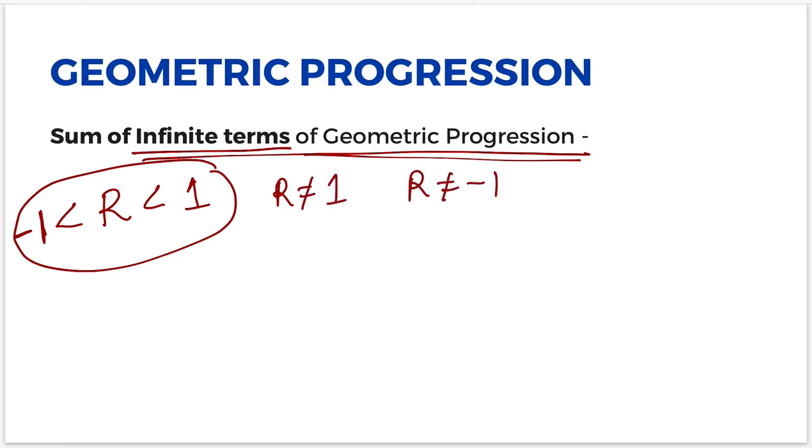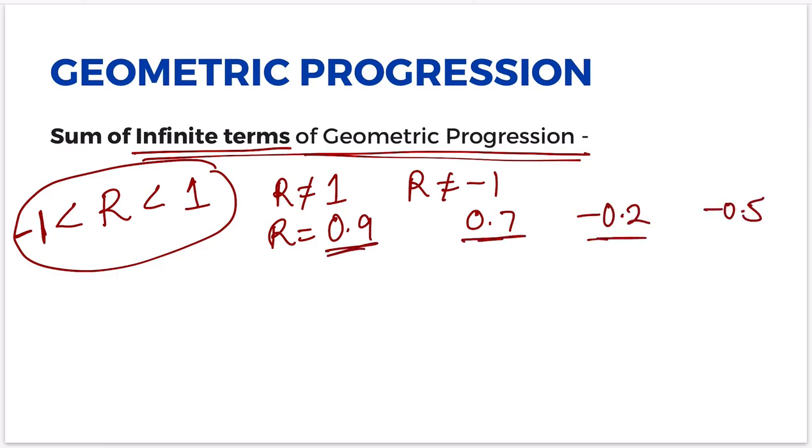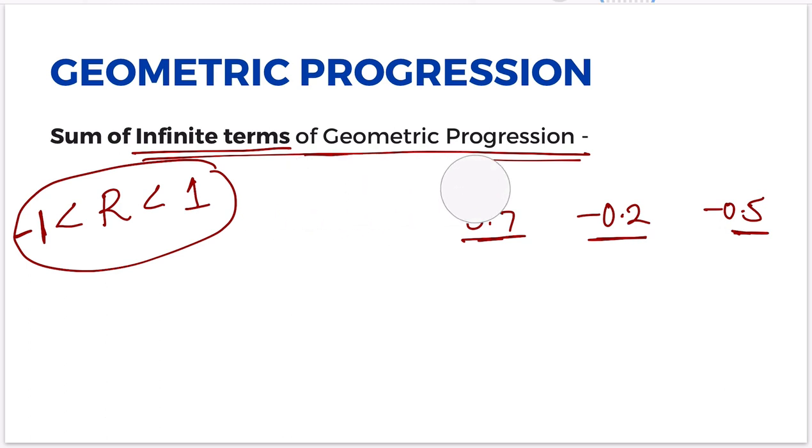They have to be less than 1 and greater than minus 1, like 0.9, 0.7, minus 0.2, minus 0.5. Why? Because multiplying with such a common ratio, the series starts getting smaller and smaller instead of increasing. Only in such scenarios can we find the sum of infinite terms.